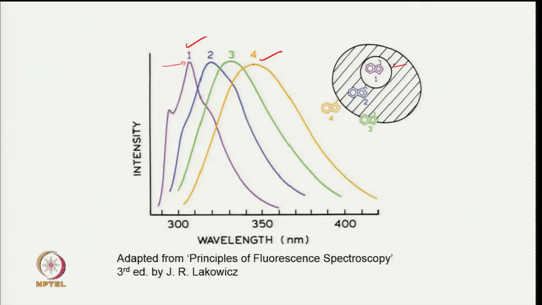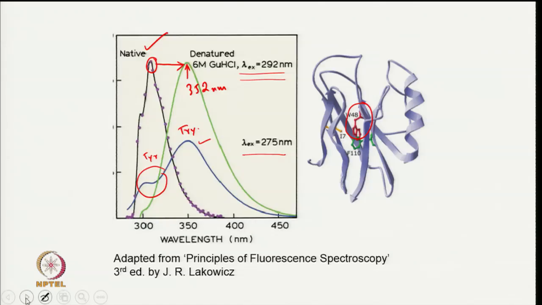And so, fluorescence of a fluorophore can be used to know the accessibility of tryptophan in a protein, and that in turn will give you an idea about the conformational changes taking place in the protein.